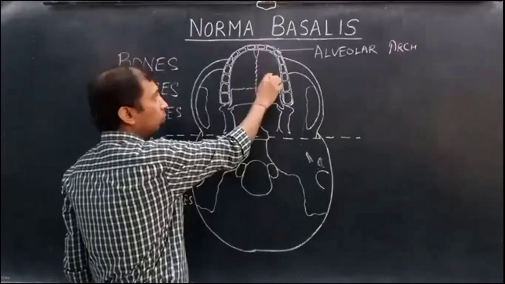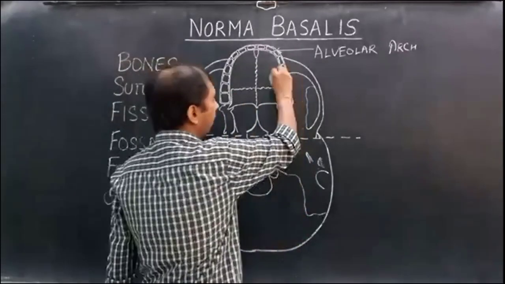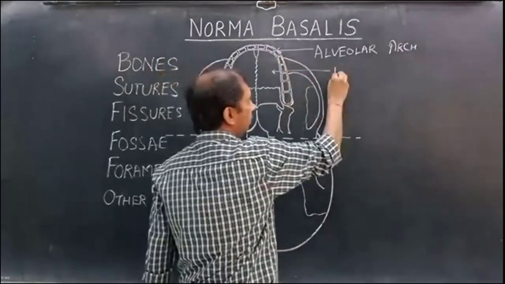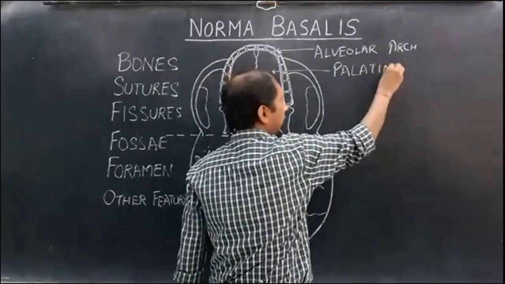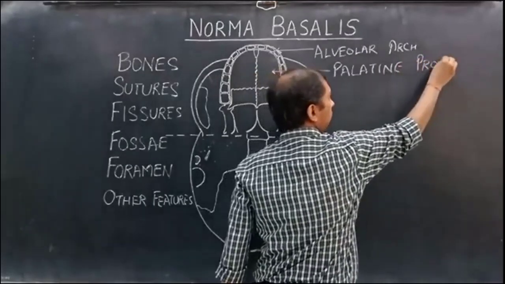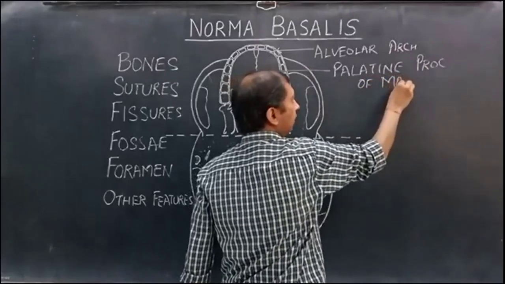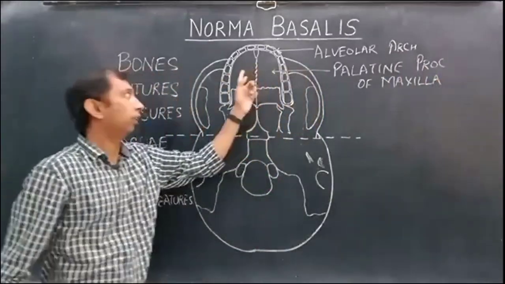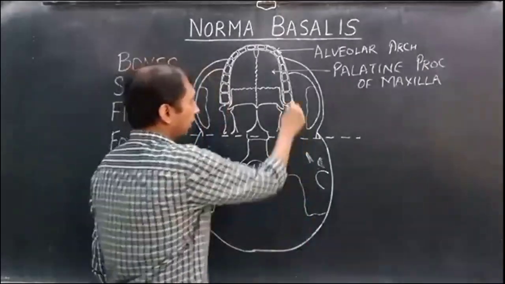The anterior 2/3 is made up of a pair of bones, and this bone here is the palatine process of which bone? Of maxilla. So the paired palatine processes of the maxilla.